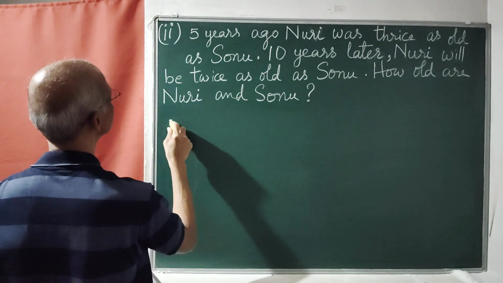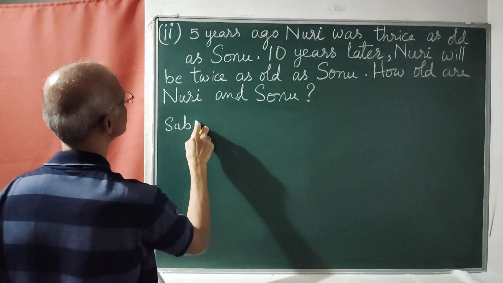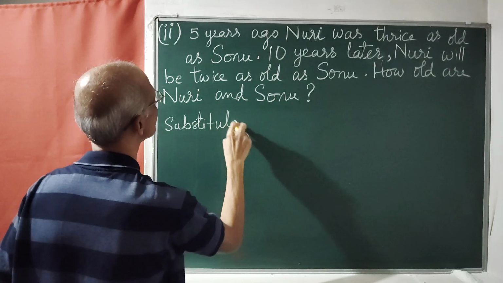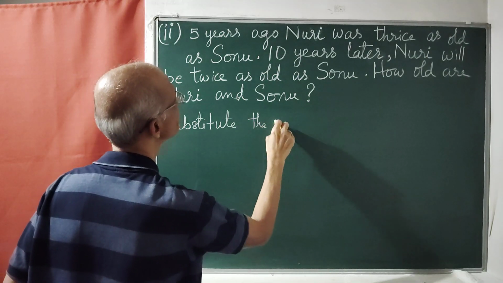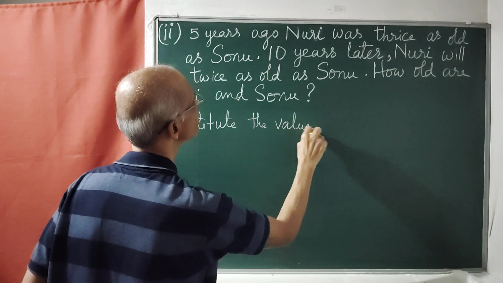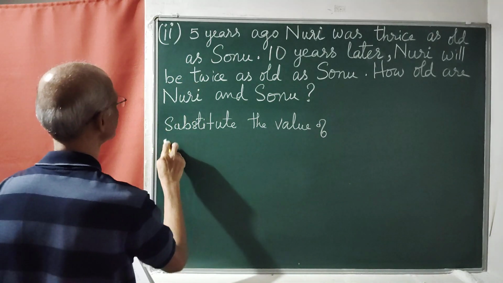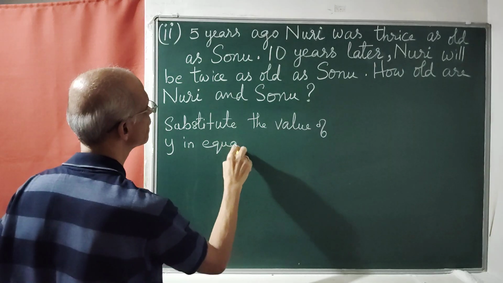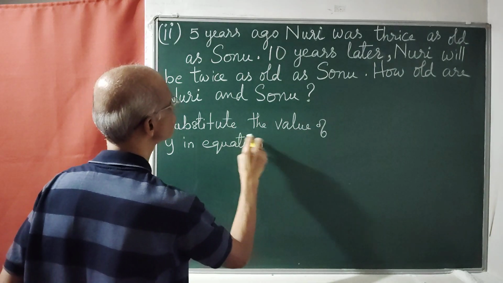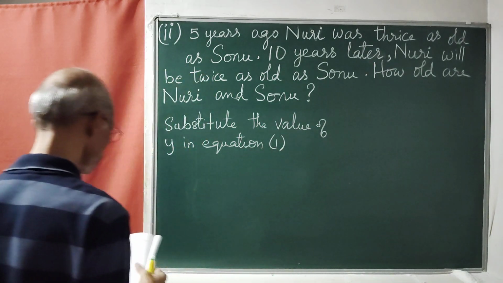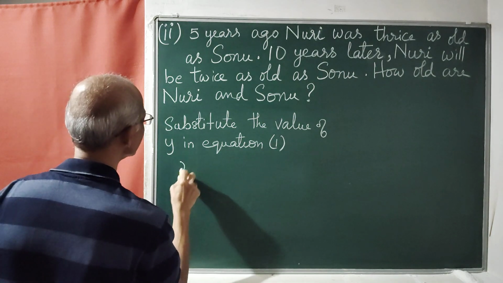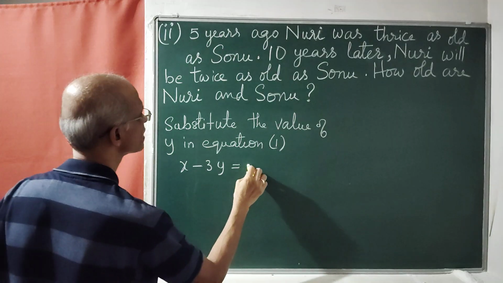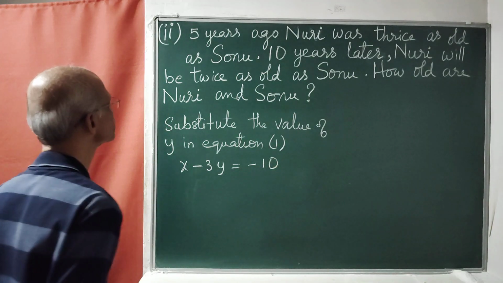Now substitute the value of Y in equation 1. The equation 1 was X minus 3Y is equal to minus 10.